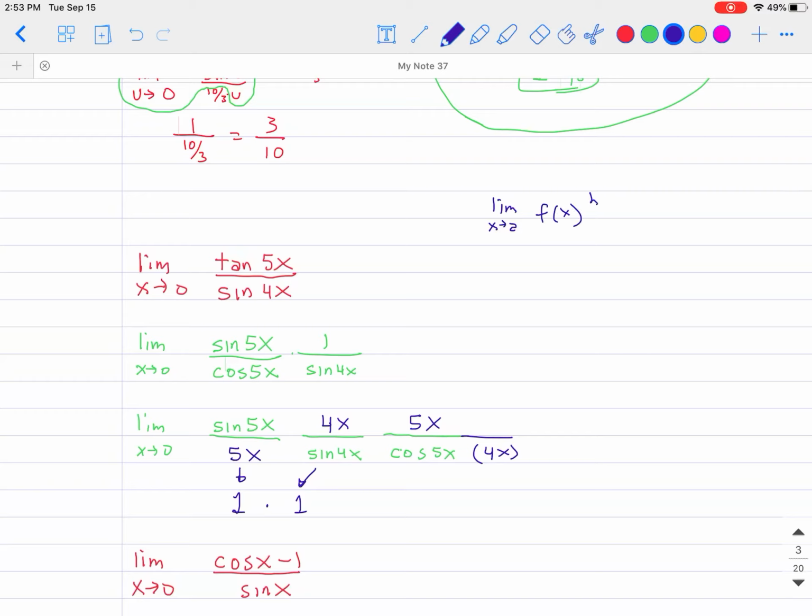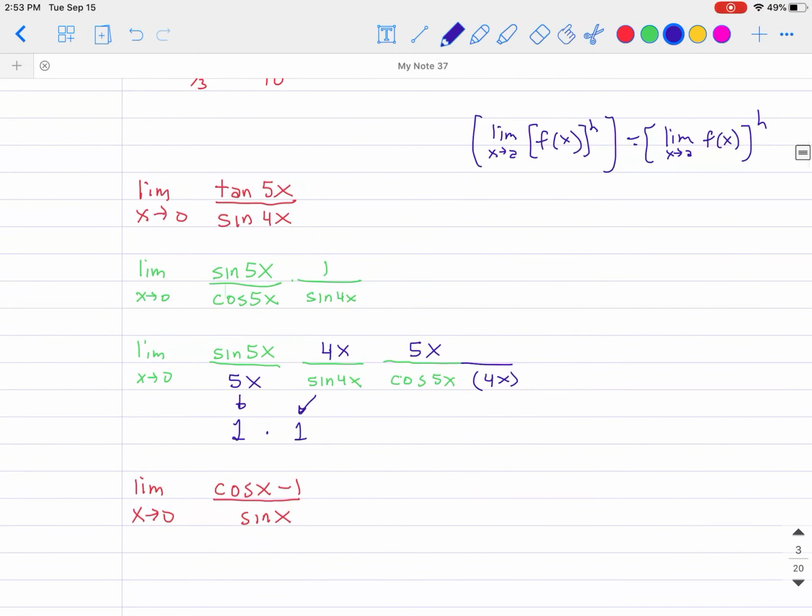Basically, if you have the limit as x approaches a of f of x, raised to the h power, then that is equal to the limit as x approaches a of f of x, and then you find that answer raised to the h power. So in this case, h is equal to -1 because it's just a reciprocal of it.